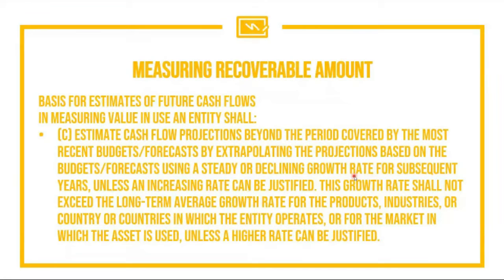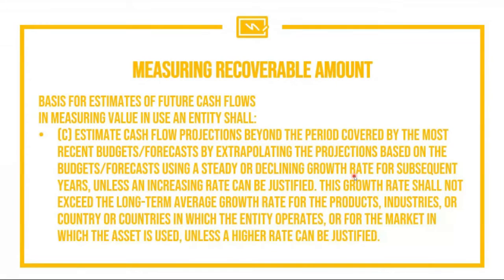In board examinations, I'm not sure if there are already problems provided, but we have that particular problem in the next part of the playlist, wherein we have the sample problems. Basically, the concept is after year 5, you're going to compute the succeeding cash flows by multiplying the last cash flow, or year 5 cash flow, with the growth rate.